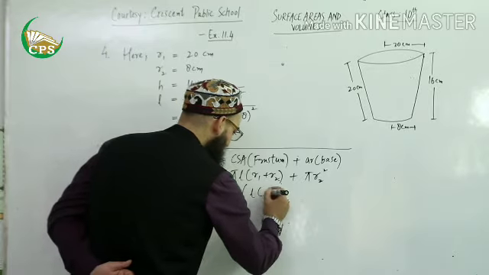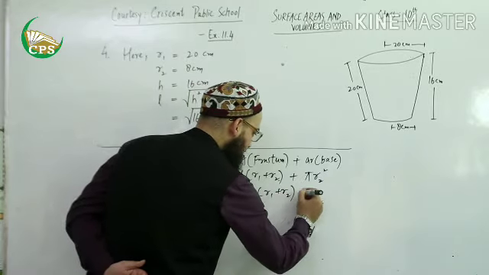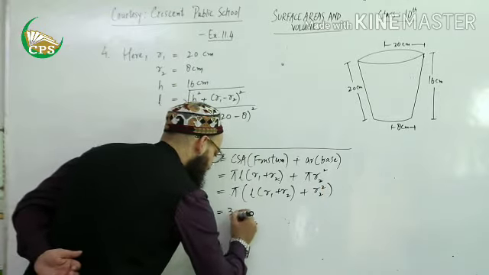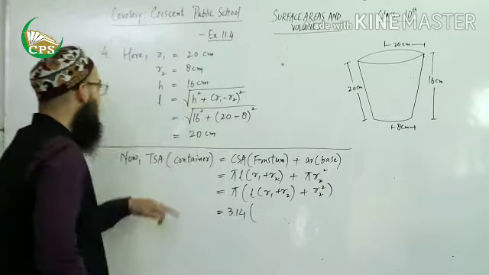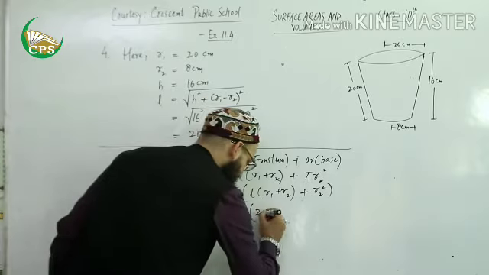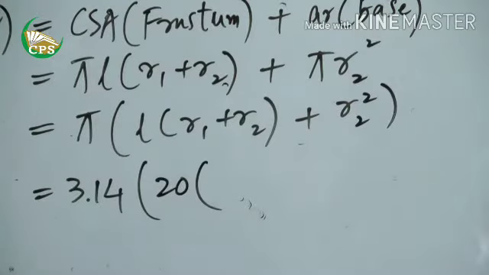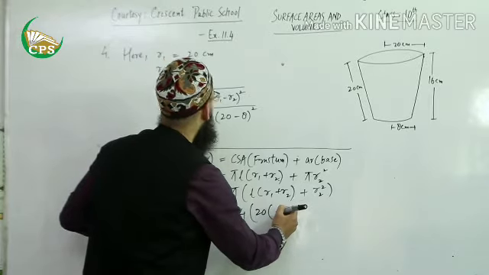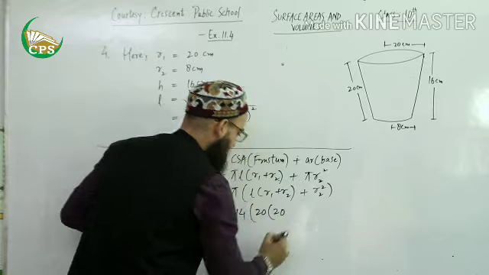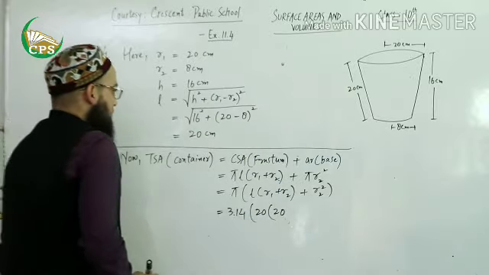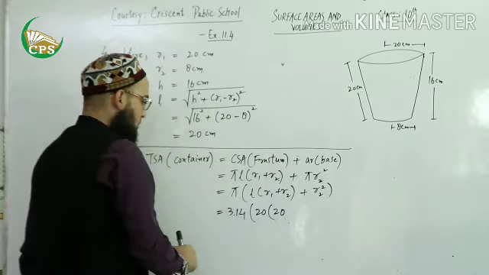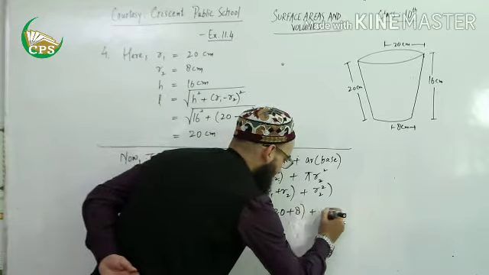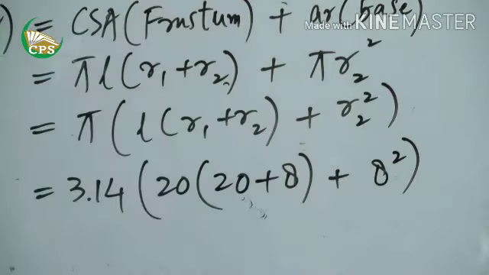Then we have L times R1 plus R2, plus R2 square. Put the values. 3.14 times L is 20, then R1 is 20, R1 is 20 as well. Then R2 is 8, so 20 plus 8, then plus 8 square, because R2 is 8.